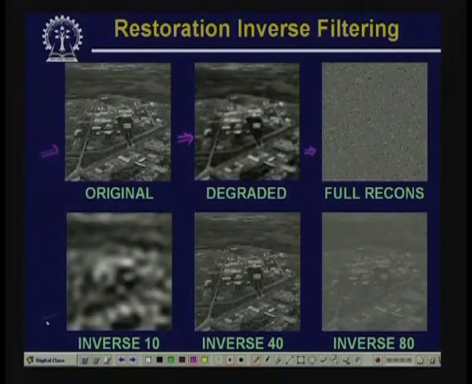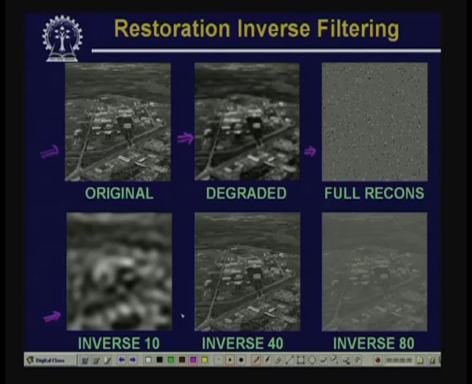So, here on the bottom row, the leftmost image shows the reconstructed image where we have considered only the values of u and v which are within a radius of 10 from the center of the frequency plane. Because this is a low pass filtering operation where the cutoff frequency was very low, the reconstructed image is again very blurred, because many of the low frequency components along with the high frequency components have also been cut out.